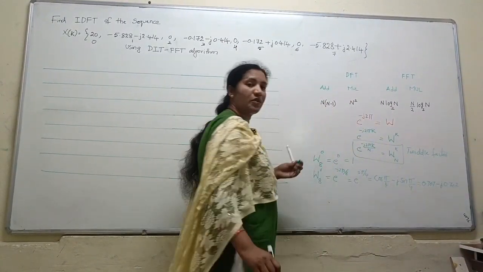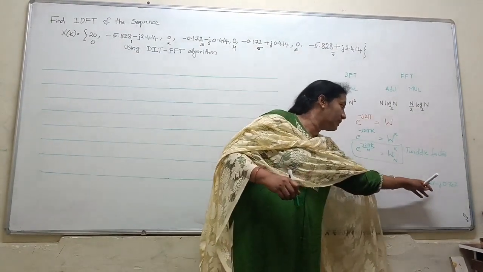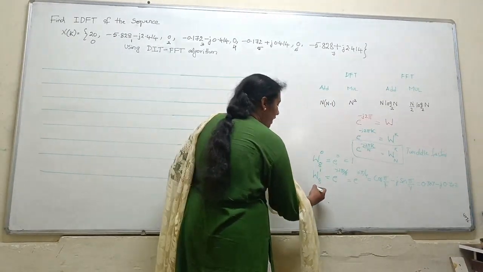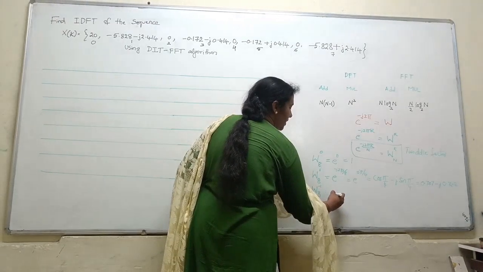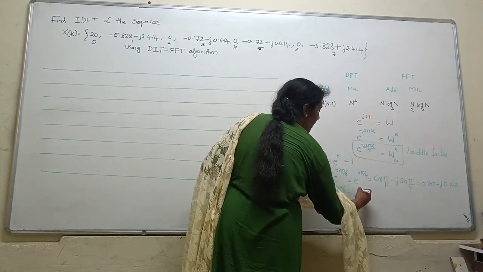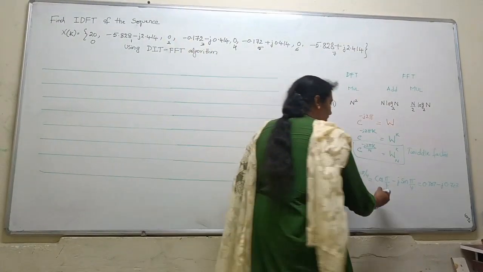So this is the value. Instead of writing 1 by root 2, you can also write 0.707 minus j 0.707. Similarly, if I write W 8 power minus 1, then it becomes e power j 2 pi by 8, that means e power j pi by 4. It equals cos theta plus j sin theta.